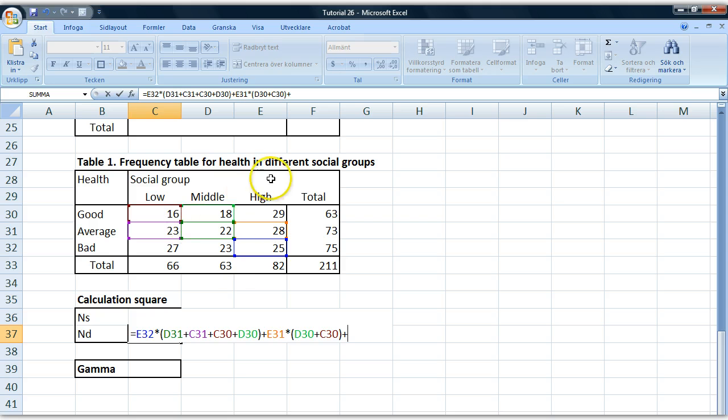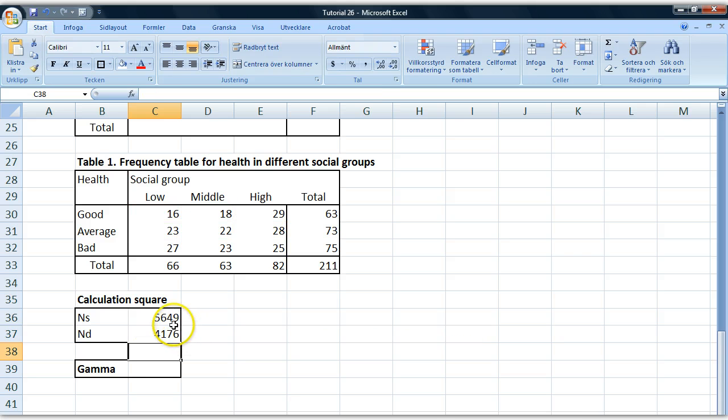To that we're going to add this cell multiplied by the sum of all the cells above and to the left of it. And finally, we're going to choose this cell, and we're going to multiply the sum of all the values up to the above and to the left of it, which in this case is just one cell right there. So this is the formula for our n different.